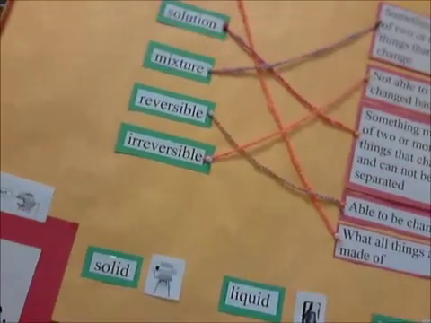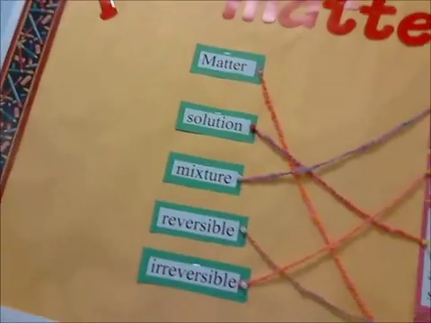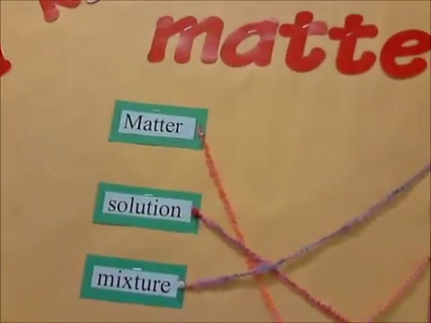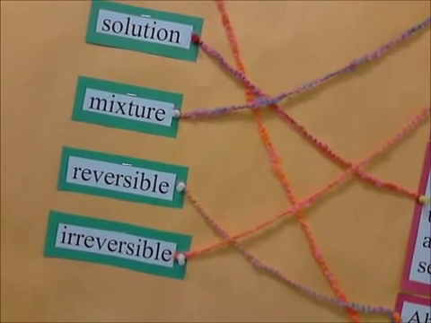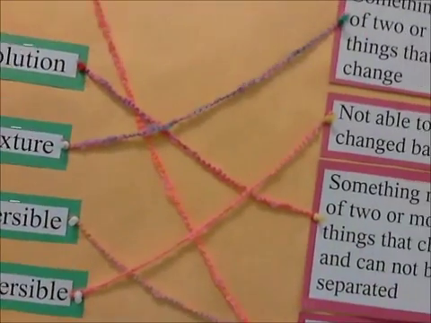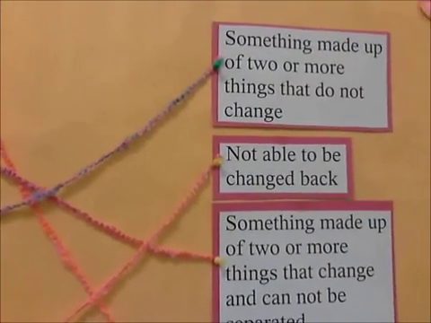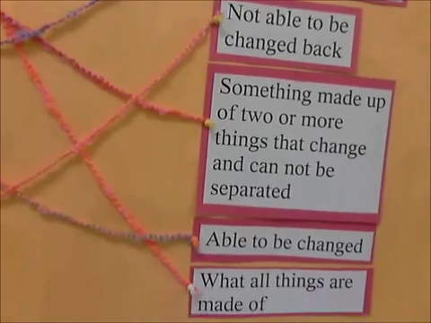At the top, we have matter, solution, mixture, reversible, and irreversible, with yarn strings that connect each one of those to their definitions respectively.